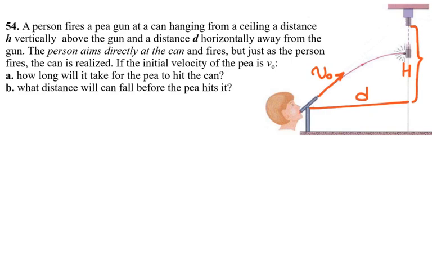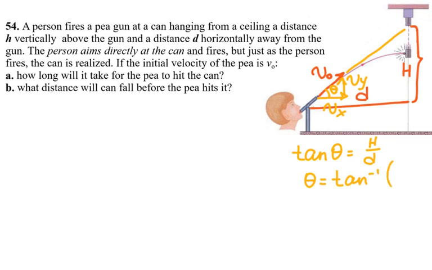So I can break my initial velocity into Vx, so I'm going to call this one Vx, and Vy, and this is some angle theta. And because he aims right at the top of this triangle, I can say that tangent theta is equal to h over d, or theta is equal to arctangent h over d.